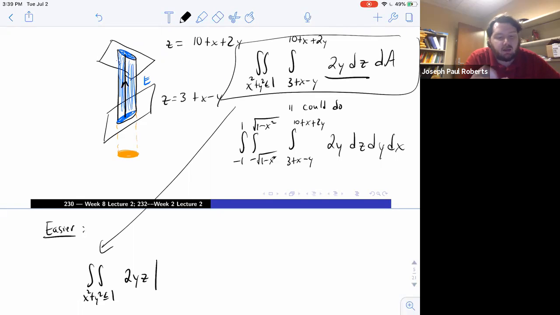You do the antiderivative of 2y with respect to z, so you of course get 2yz, and then you plug in z equals 10 plus x plus 2y, and z equals 3 plus x minus y.